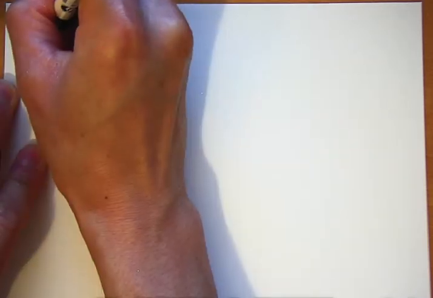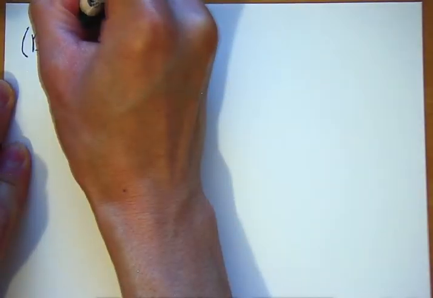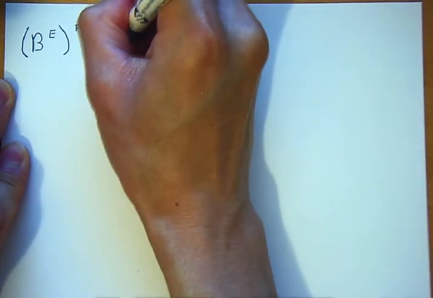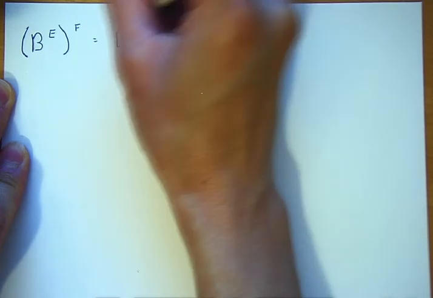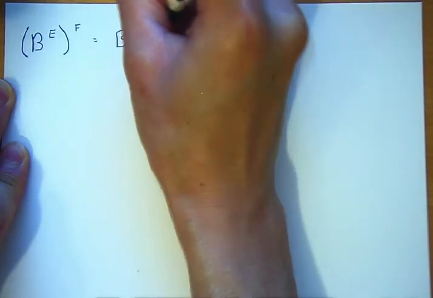Our next exponent rule. If you have a base b to the exponent e, and then I put that whole thing to the exponent f, this is equal to base b to the e times f.